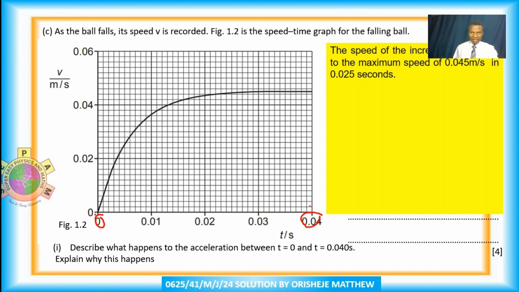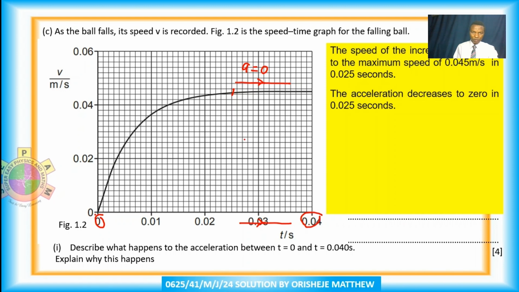Then let's look at the section. Then the acceleration decreases to 0 at this point because the v-t graph becomes parallel from this point. It's now parallel with the time axis. So at this point, the acceleration is equal to 0.